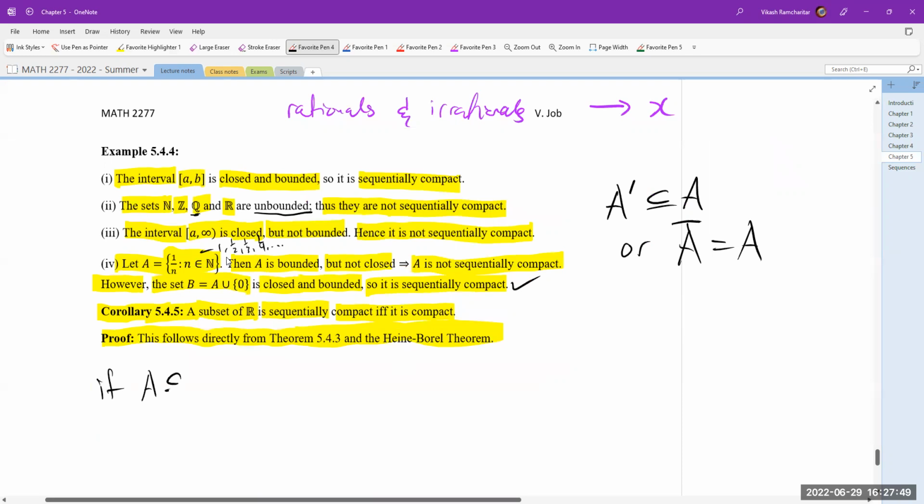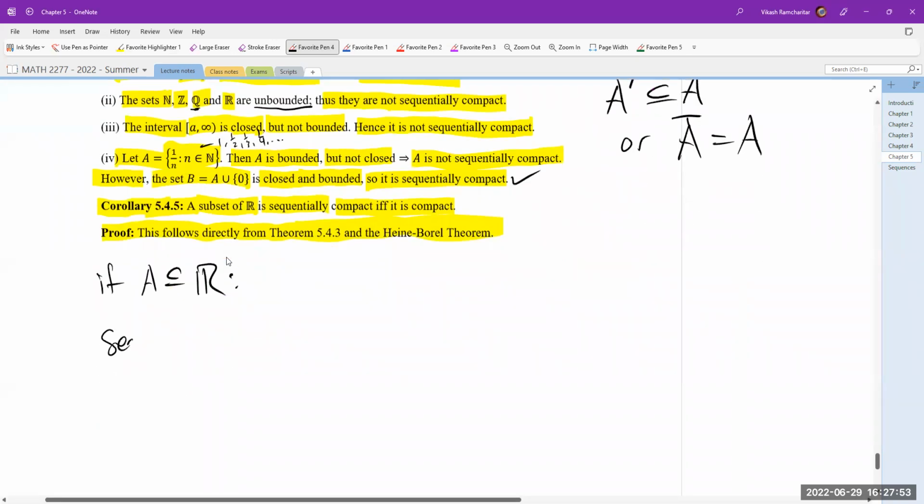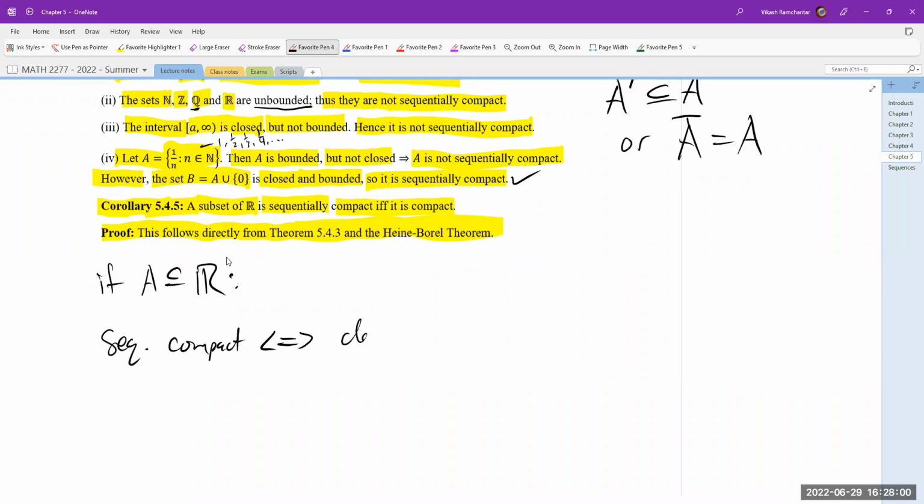So if A is a subset of R, sequentially compact is the same thing as closed and bounded is the same thing as compact. Make sure you know this.